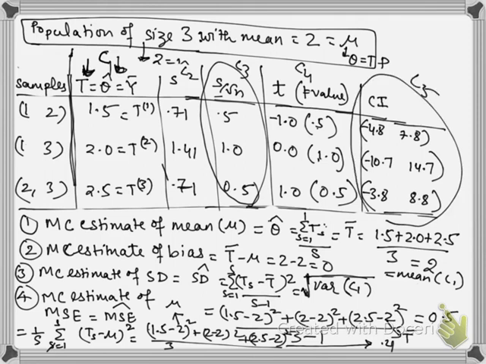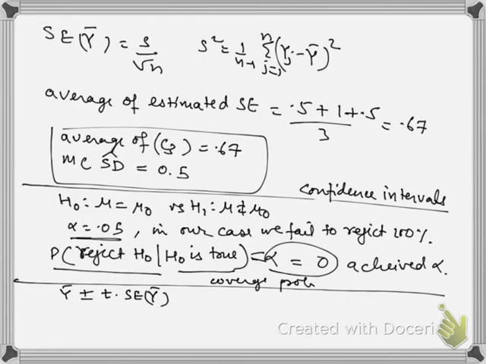Now what you can do is check whether the interval achieves the nominal level of coverage, that is 1 minus alpha, or not. For our example, all these three intervals covered the true value. Basically all of them cover the true value of the mean.